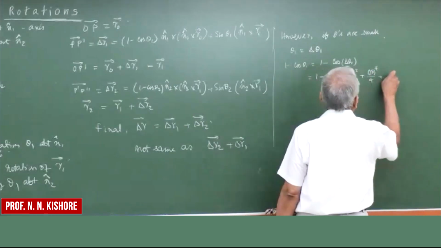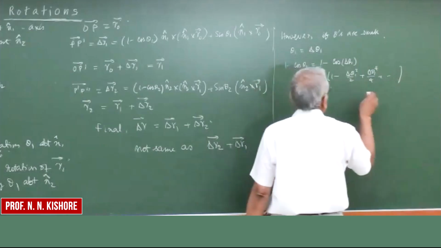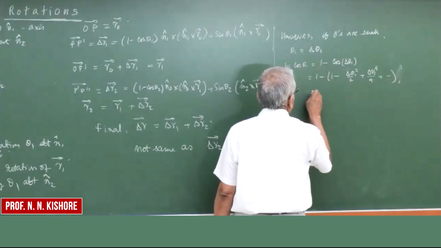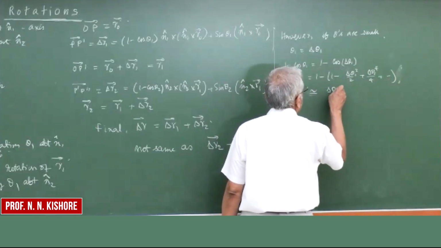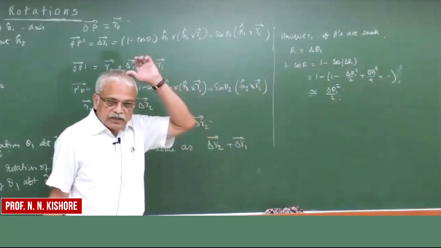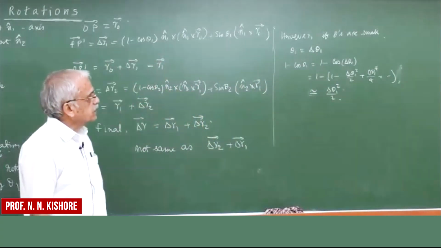You know that this is the expansion, so approximately for the first term, this is delta theta 1 squared by 2 when theta 1 is small.